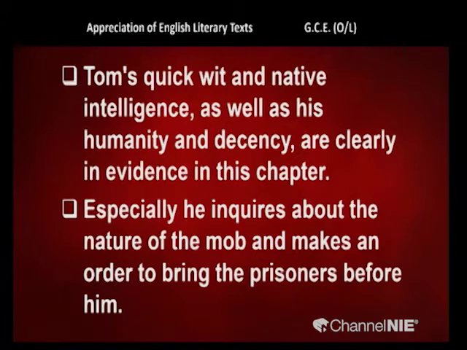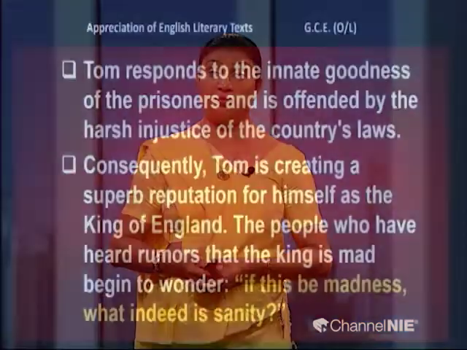Tom's quick wit and native intelligence, as well as his humanity and decency, are clearly in evidence in this chapter. Especially, he inquires about the nature of the mob and makes an order to bring the prisoners before him. Tom responds to the innate goodness of the prisoners and is offended by the harsh injustice of the country's law.